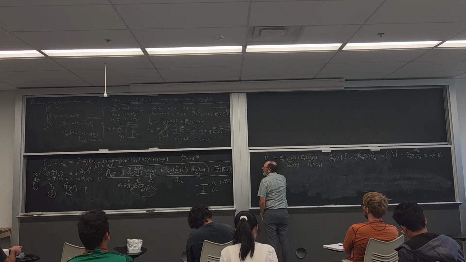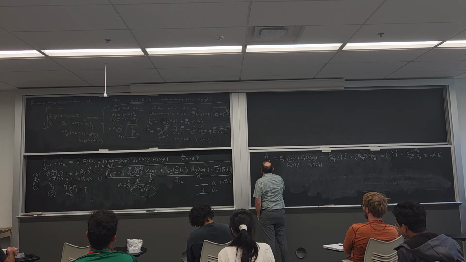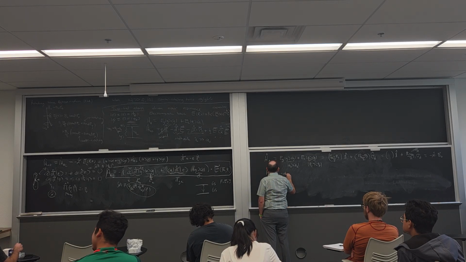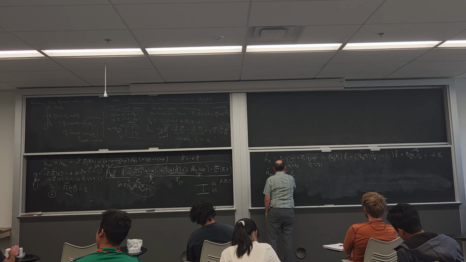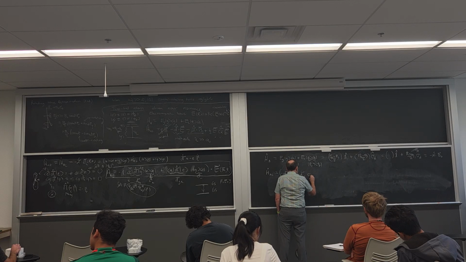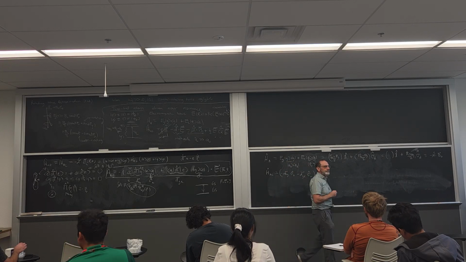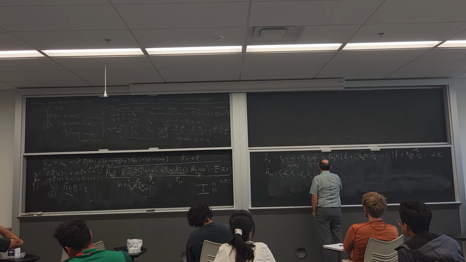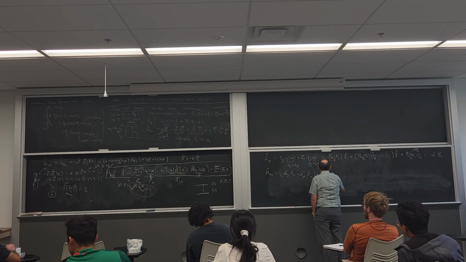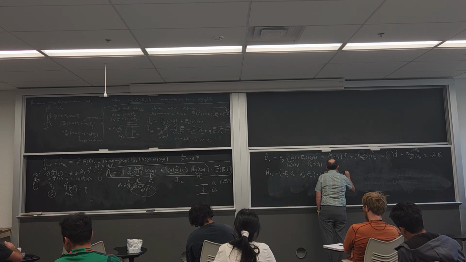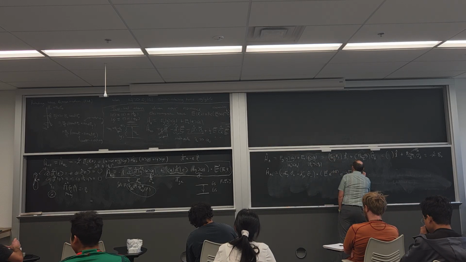So my interaction Hamiltonian here is minus d Eg sigma plus minus dGe sigma minus, dotted into the electric field, which is some amplitude with some phase, e to the minus i omega t over 2.